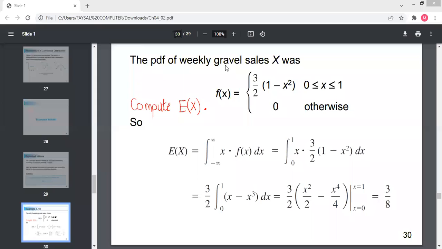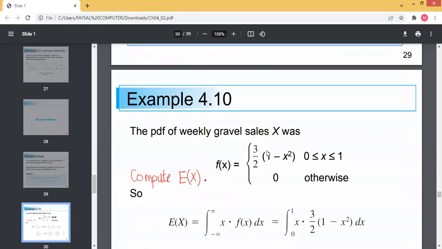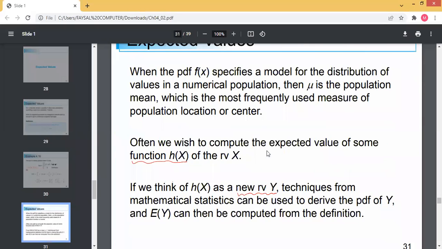After the elaboration, my value will be 3 upon 8. So this is E of x, which is the expected value we had to find. The symbol of expected value is E with the random variable x, so it will be E of x, which is my expected value.